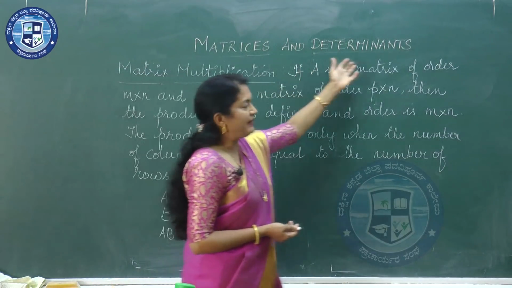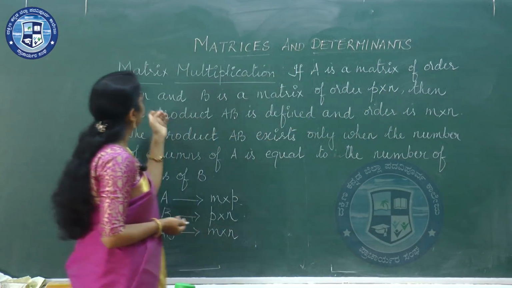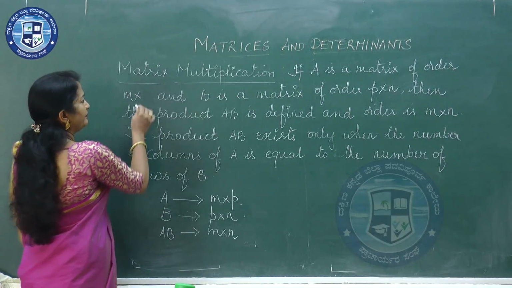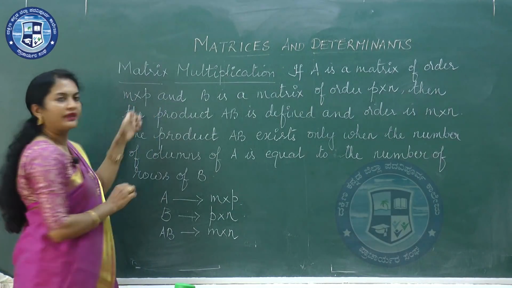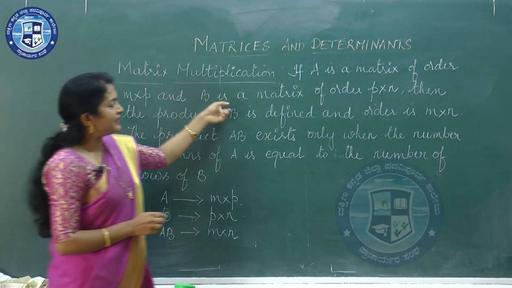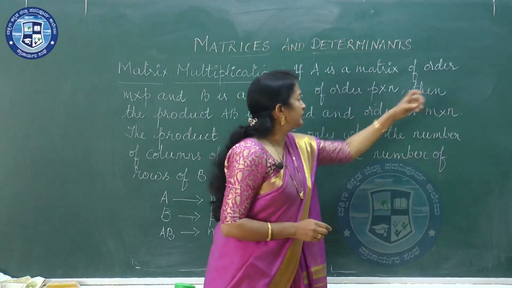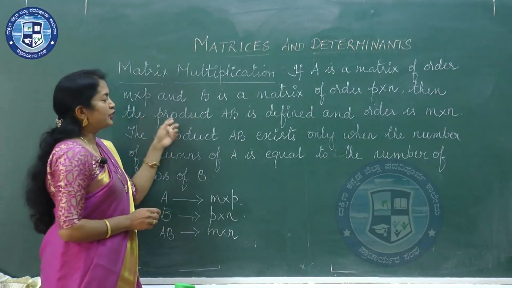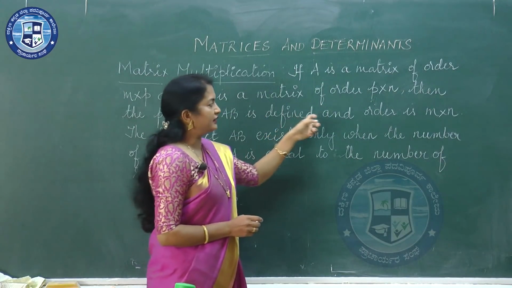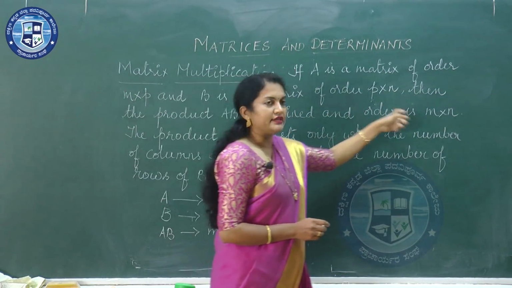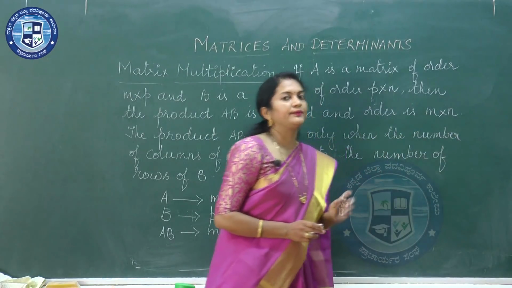If A is a matrix of order m by p and B is a matrix of order p by n, then the product AB is defined and its order is m by n.